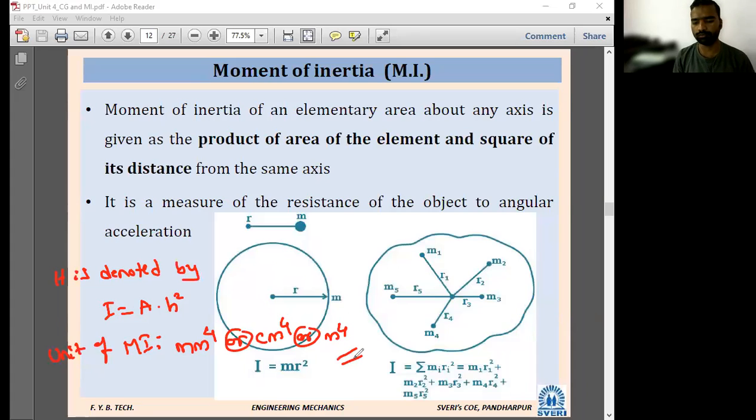These two points are important. Complete?